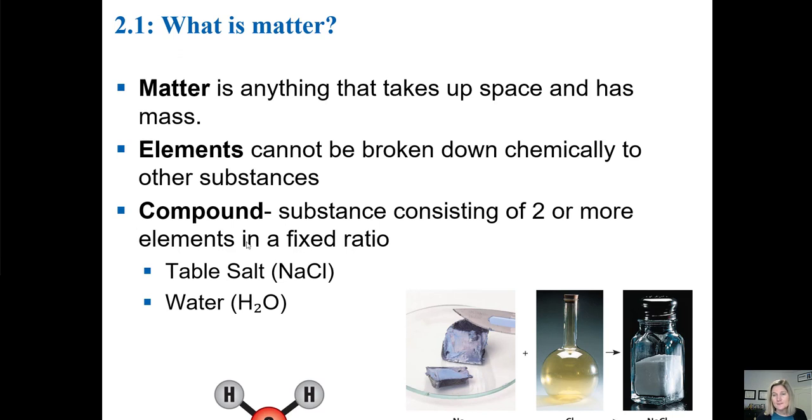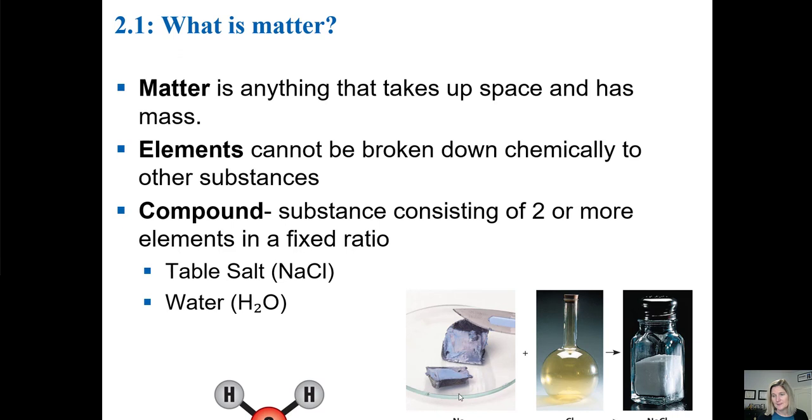Okay? Compounds are substances consisting of 2 or more elements at a fixed ratio. For example, table salt. Table salt is basically 1 atom of sodium and 1 atom of chlorine held together with a bond. So it's at a fixed ratio, and you can see that it's forming table salt.